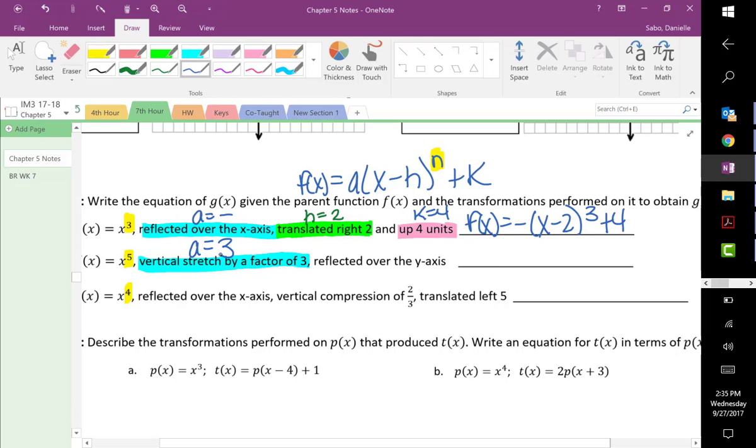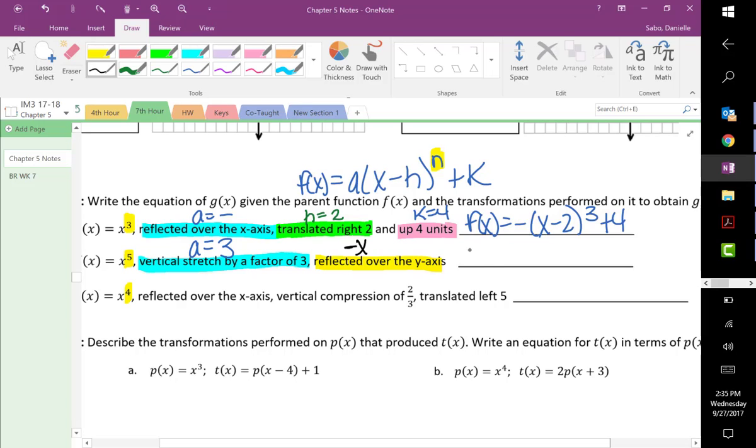Very good. Now if I'm reflecting over the y-axis, this is the only one that's a little tough. It's the y-axis, so this is the one that you just learned. It's going to affect the x. Very good, which is very strange. Whenever you're reflecting over the y-axis, you have to put a negative in for x. That's the only new thing you learned today, that one little piece.